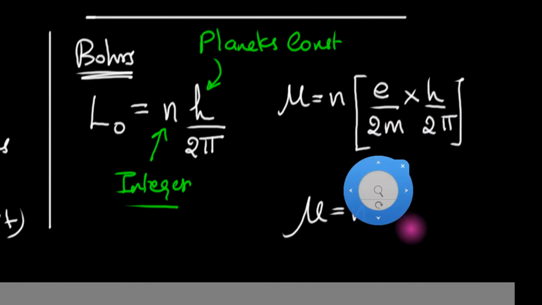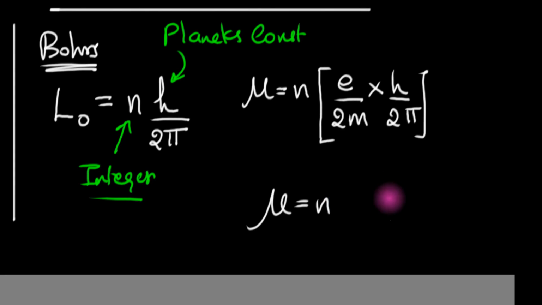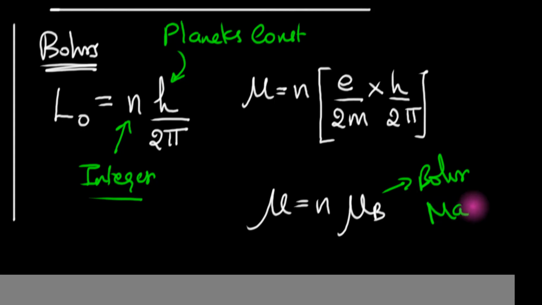That universal constant represents the basic magnetic moment that the orbital motion must have. And that basic magnetic moment is called mu B, which we call the Bohr magneton. It's got Bohr in it because it arises from Bohr's theory.